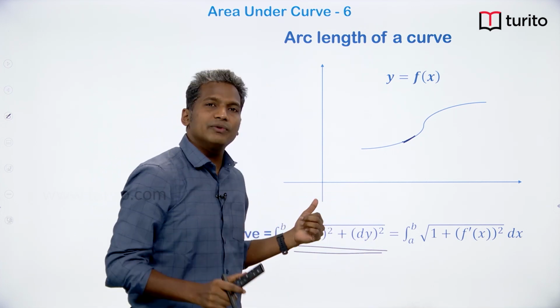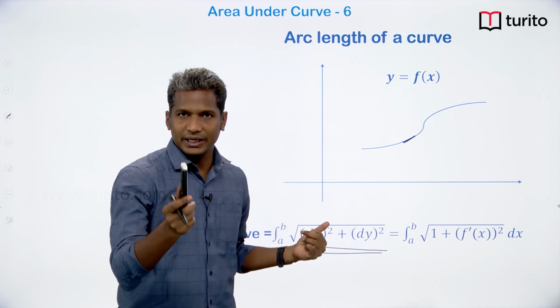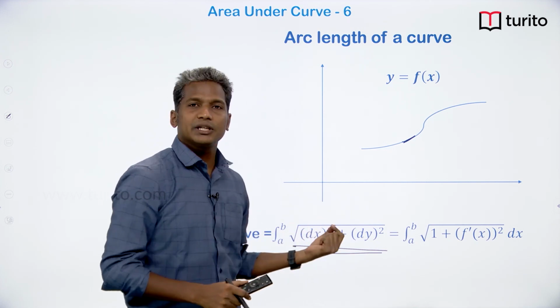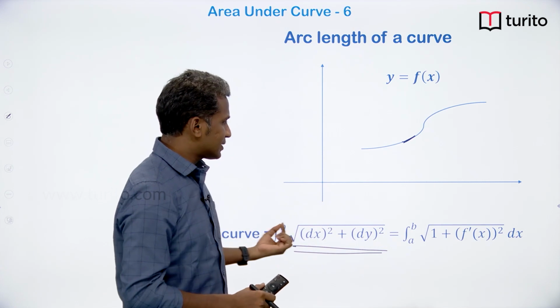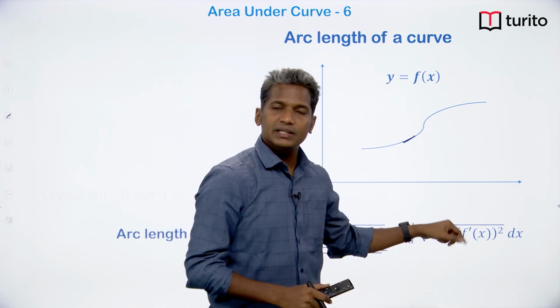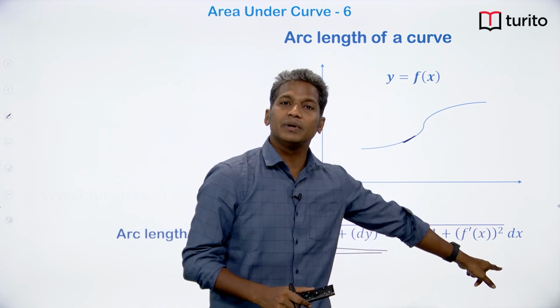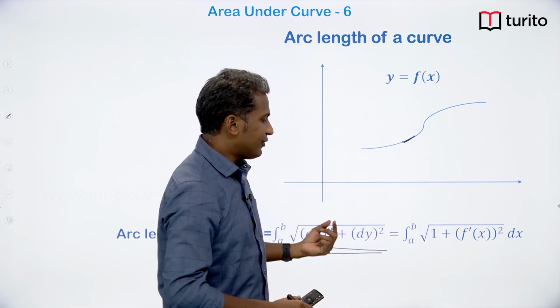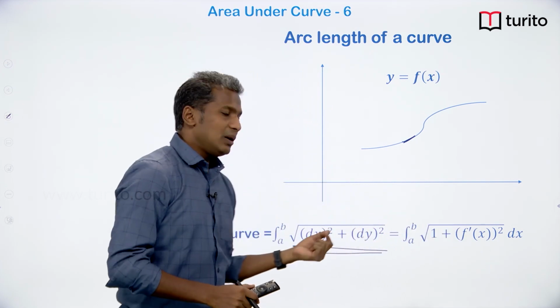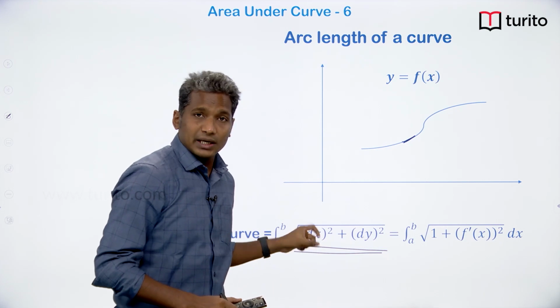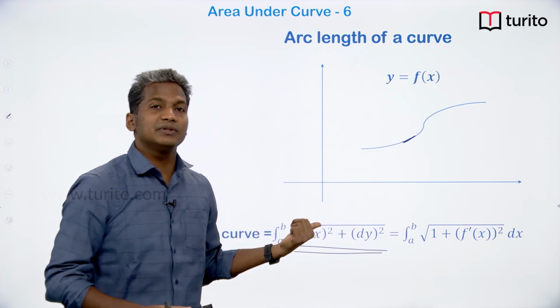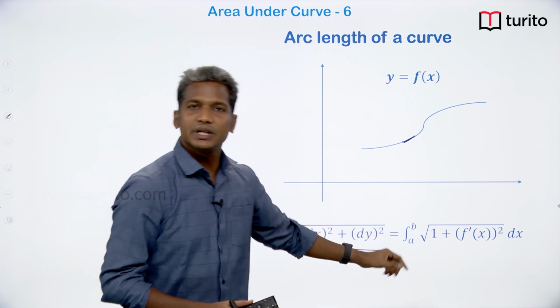Depending on which variable you want to integrate with respect to, you can take the common terms. If I take dx common, I will get f dash inside, and the integral will be with respect to x. If we take dy common, I will get dx by dy inside the integral, and the integral will be with respect to y, so you may have to change the limits.